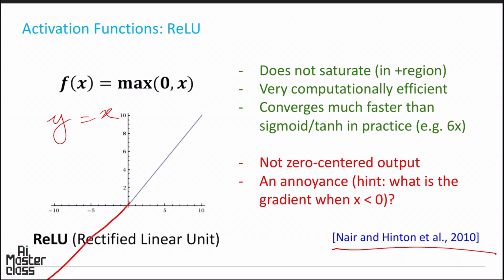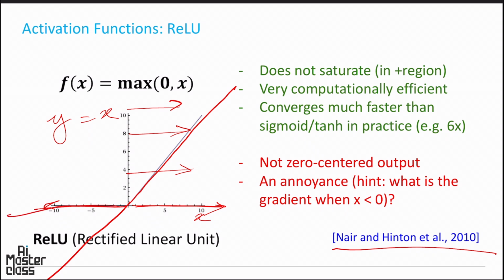Remember x is always your input, so this is your x axis. As long as your x is positive, your y is the same as x. But as soon as x is negative, the output is 0. That is all that ReLU is.